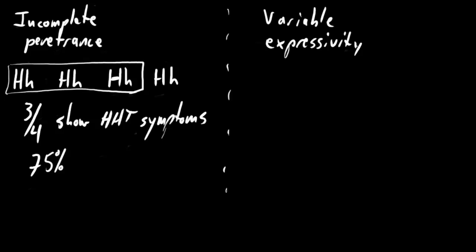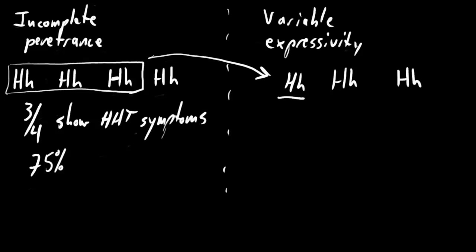Variable expressivity, how's this different? Well, let's look at those 3 people. Variable expressivity means that even though these people have the same exact mutation in the gene, they're actually going to show different symptoms from one another. They're not going to present exactly the same way. So let's say this first person here has lots of nosebleeds.